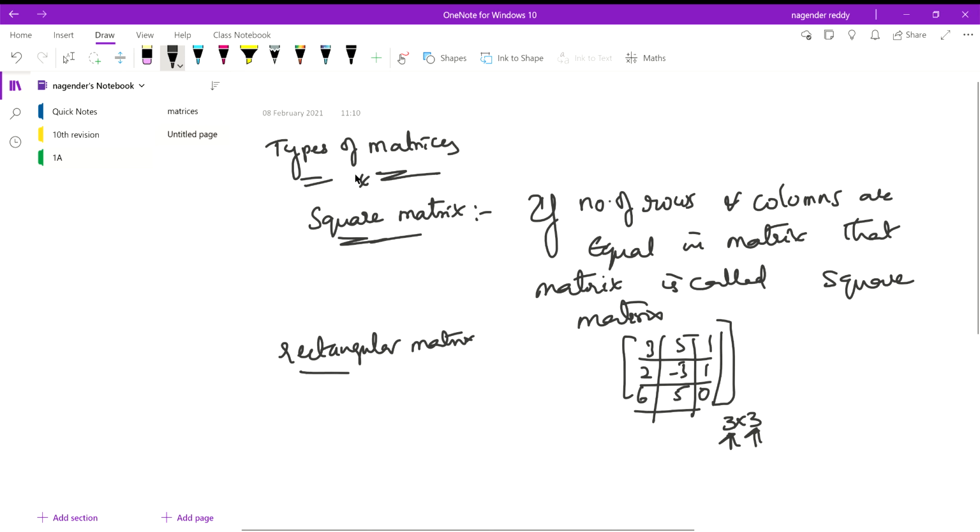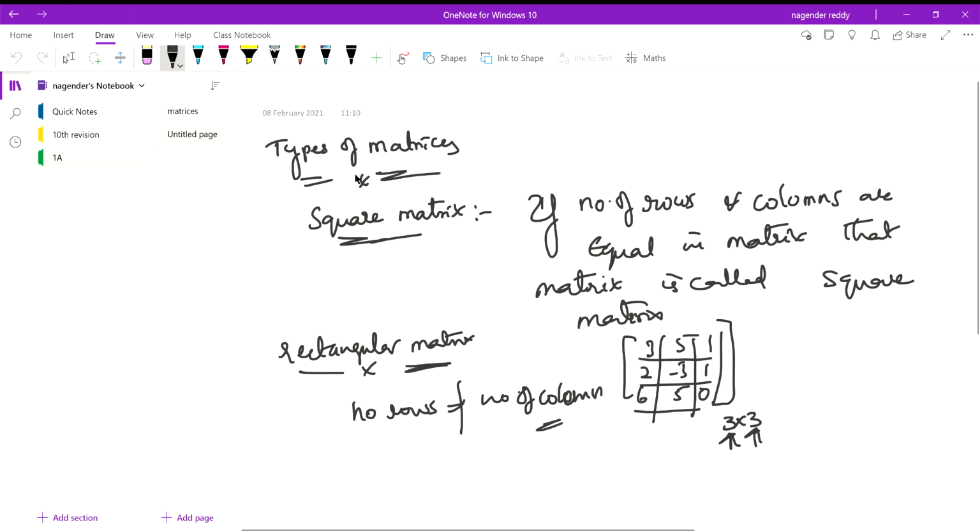It is the opposite of the square matrix: the number of rows is not equal to the number of columns. So both are different here. Square matrix means the number of rows and columns are equal, and rectangular matrix means the number of rows is not equal to the number of columns.